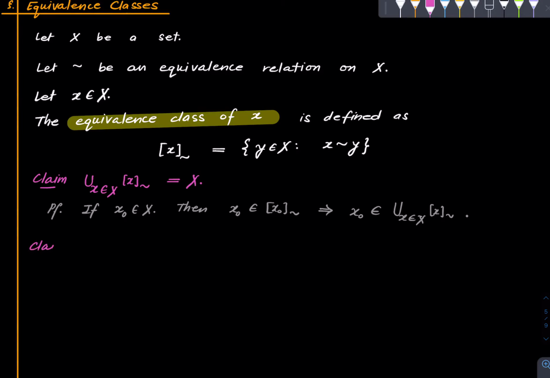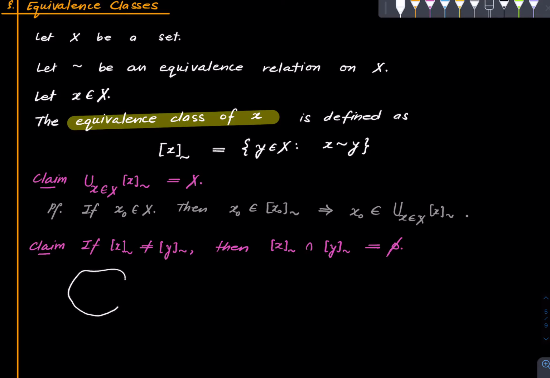Second is, if you have two distinct equivalence classes, then they do not intersect. So why is that? Suppose we had intersecting equivalence classes. This was the equivalence class of x, and this was the equivalence class of y.